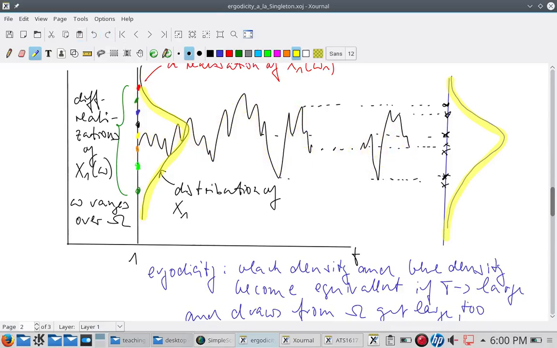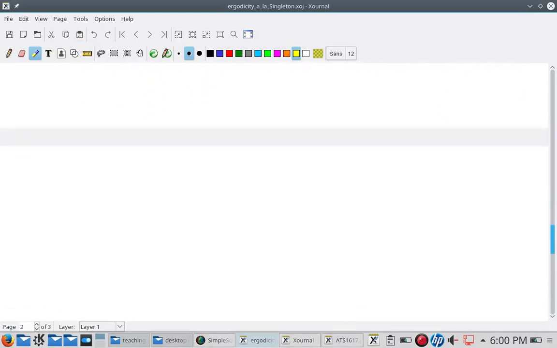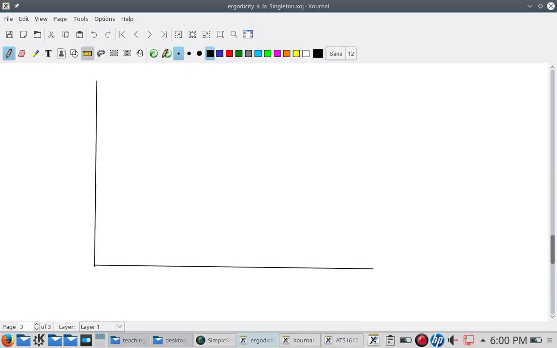Now, let me give you one example where this is not the case, where ergodicity is not there. I'm talking about a process that I already had discussed in class. It's a stationary process, okay? And this stationary process is as follows.